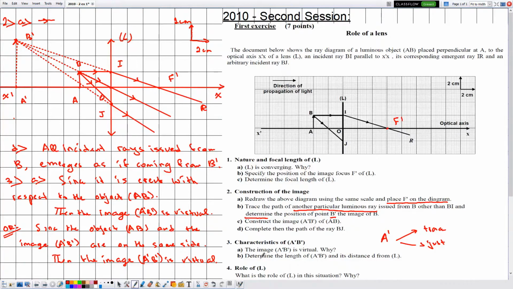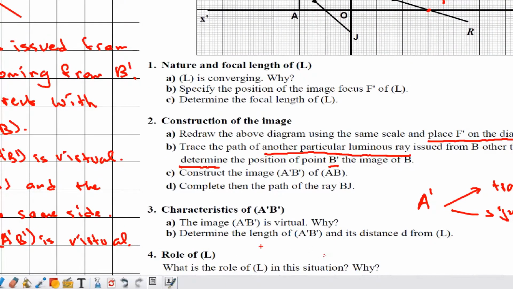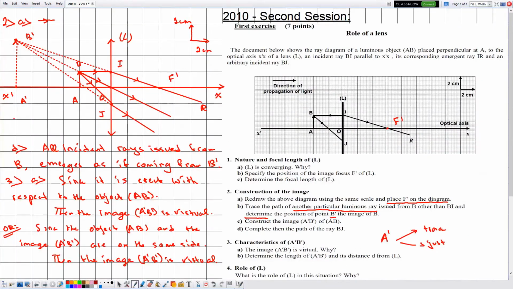Now in part B they are telling me to determine the length of A prime B prime and its distance D from L. So the length of A prime B prime means the size of the image A prime B prime.